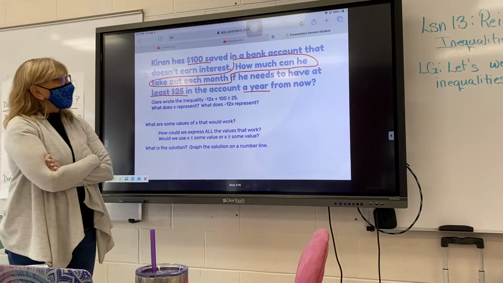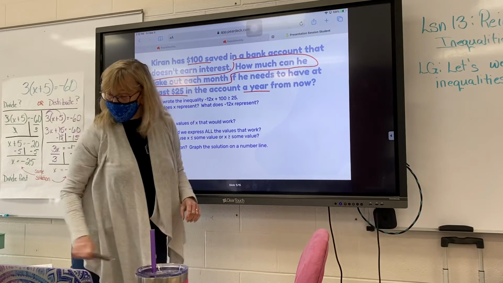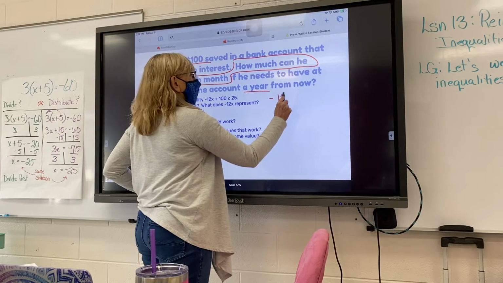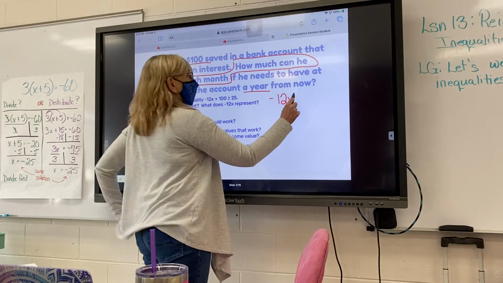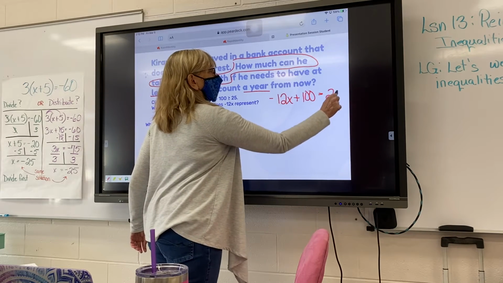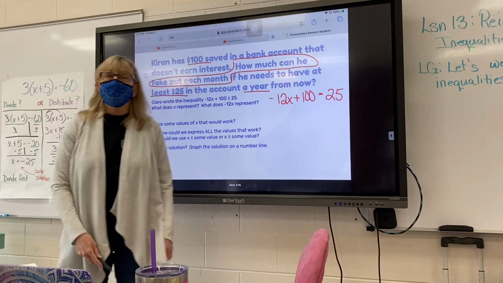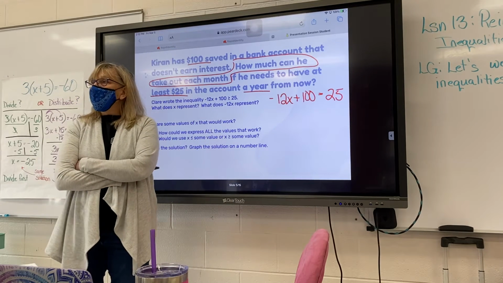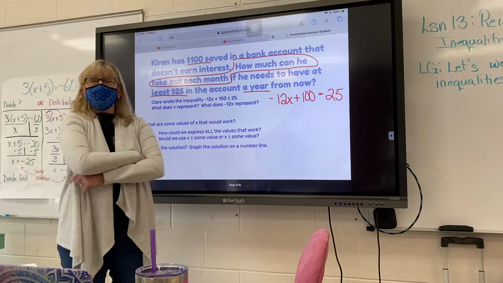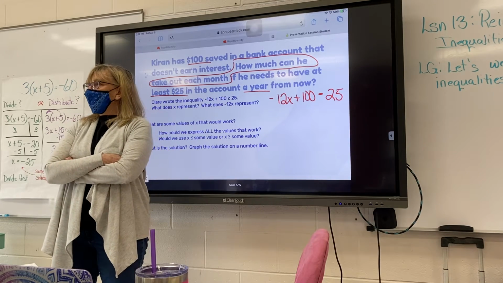All right, if you did the slides yesterday or this morning, you discovered that the first step to solving an inequality is to turn it into an equation. All I did was take out the inequality sign and make it equals.